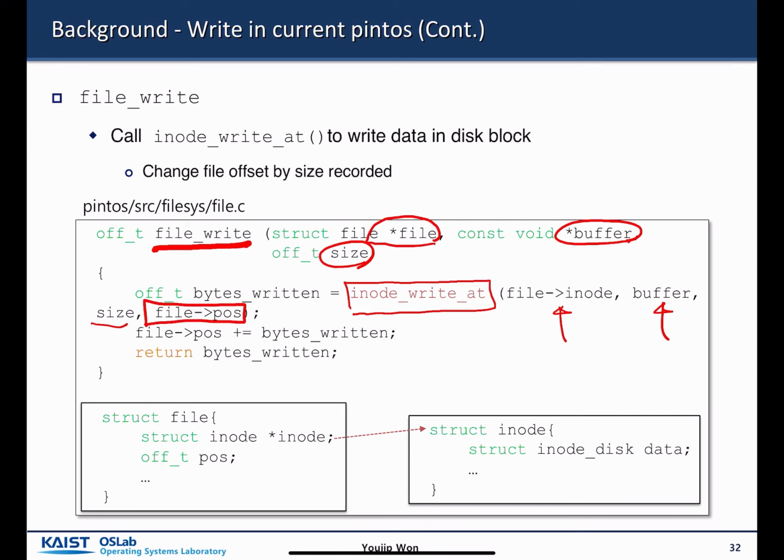Okay, so it passes the position from which you have to write the data blocks to the file. And right after writing some contents, you have to update the file position. And then you return the amount of data that has been written to the file.